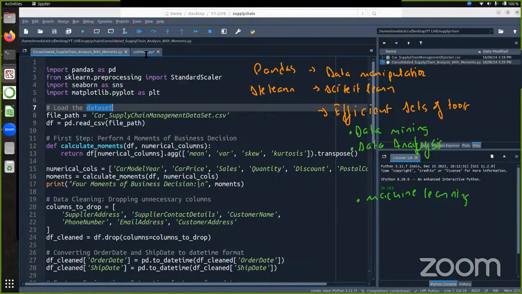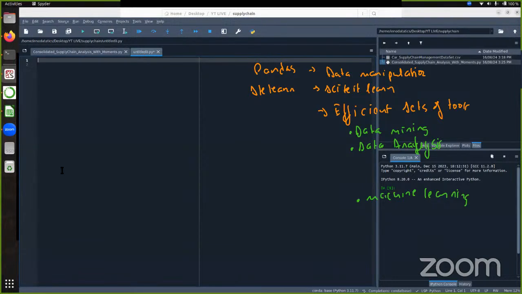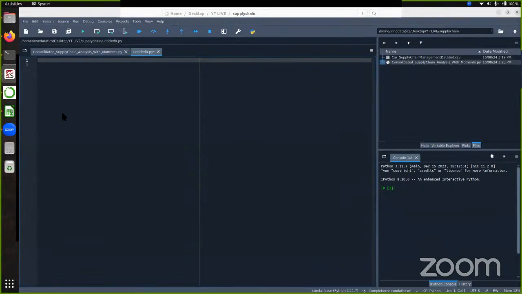Now we will also have visualization libraries such as Seaborn and Matplotlib. Now we need to talk about data sources. So where is the data going to come from when it comes to supply chain analytics? There are a wide variety of data sources which can be used. Obviously, you will have your traditional things such as a database.